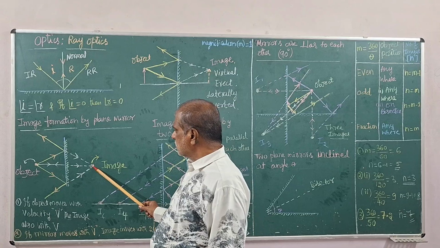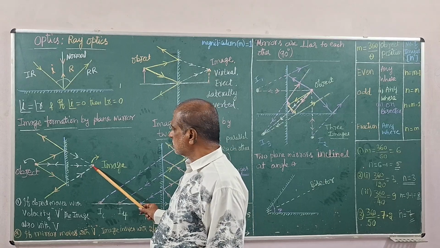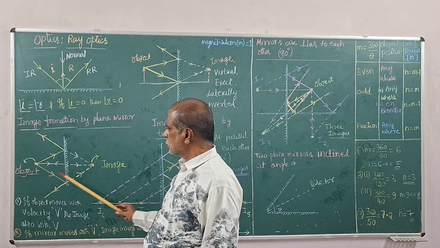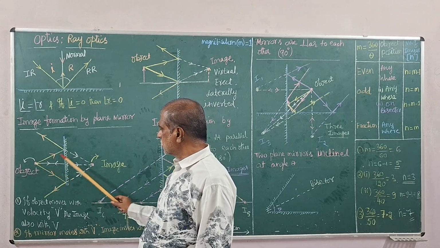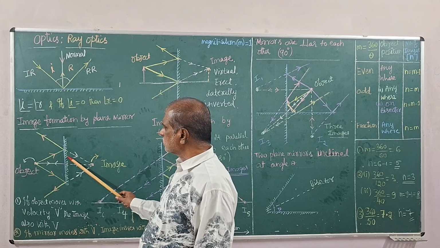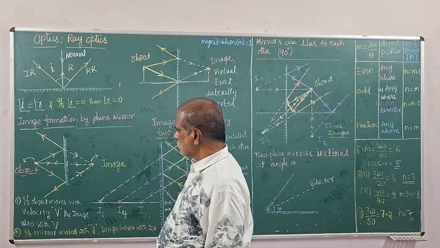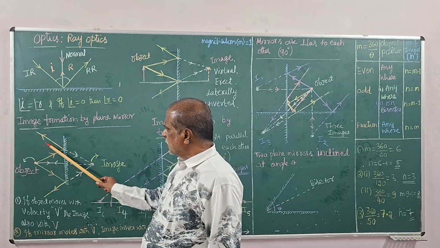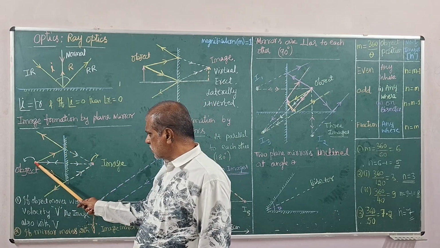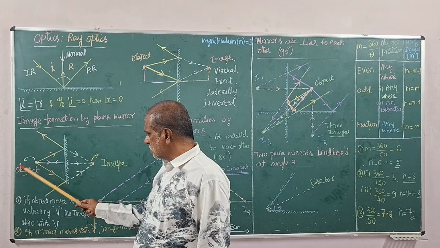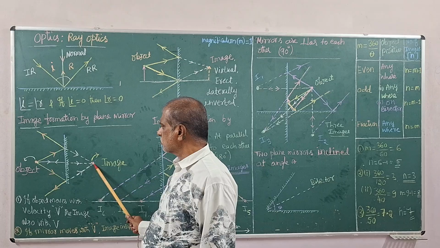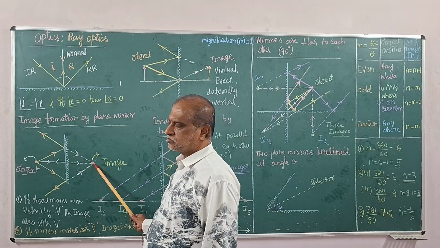This point is where the image is formed. It is always behind the mirror, inside the mirror. So with these reflections, when you look at this object, this image is observed. This is a virtual image.